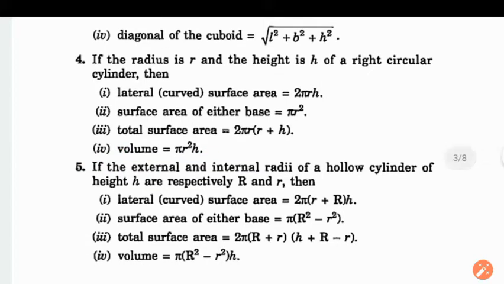Sometimes in a question we will have a hollow cylinder, right? So in case of a hollow cylinder, we must have external and internal radii. So if the external radius is capital R and the internal radius is small r, then what is the formula to find the lateral surface area?